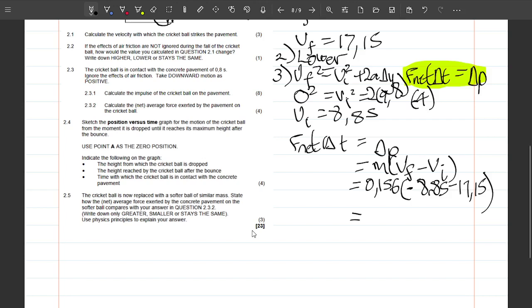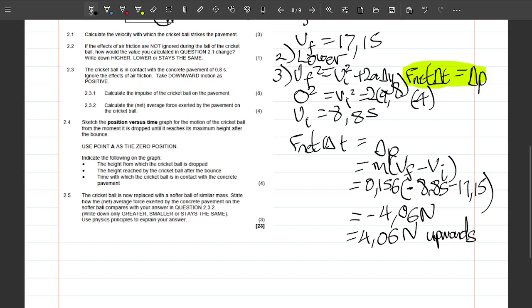So I got negative 4.06 newtons, which means this is 4.06 newtons upwards. Because they said take downwards as positive, because I got a negative, it has to be upwards. All right, then we're told to sketch the position versus time graph for this projection.